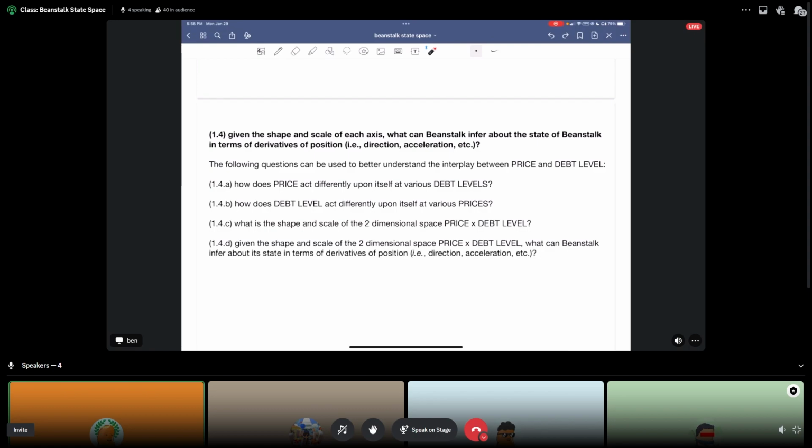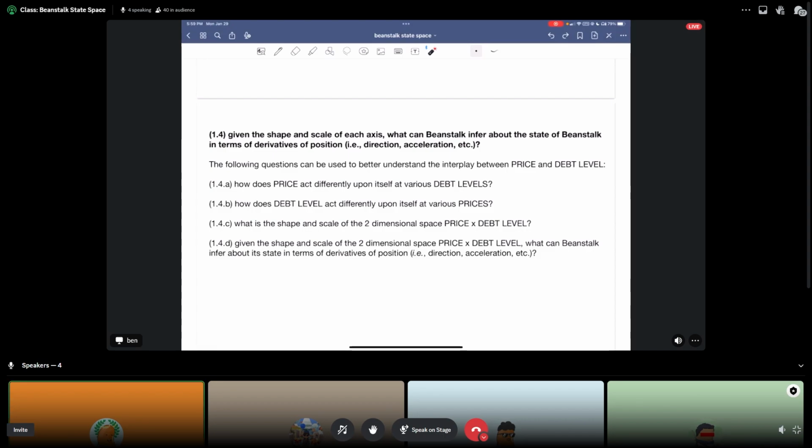If you want to understand the interplay between price and debt level, we want to understand how does price act differently upon itself at various debt levels? How does debt level act differently upon itself at various prices? What is the shape and scale of the 2-dimensional price and debt level space?